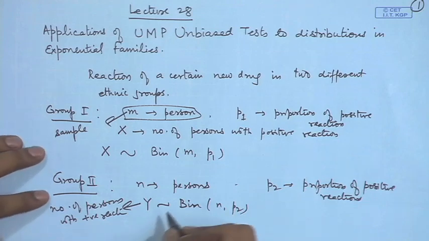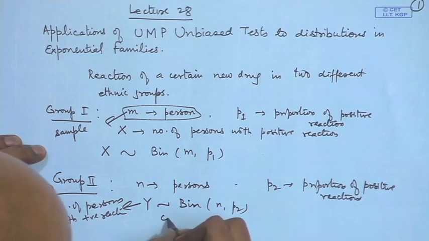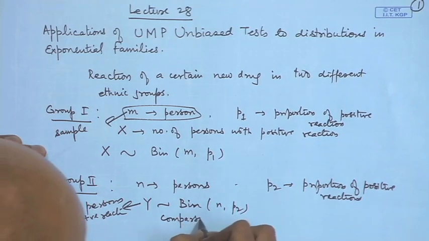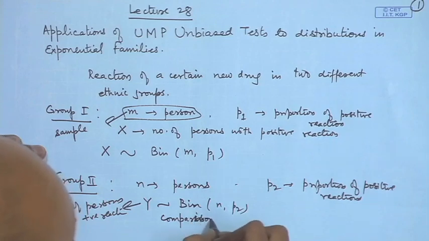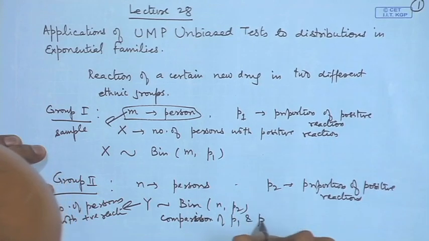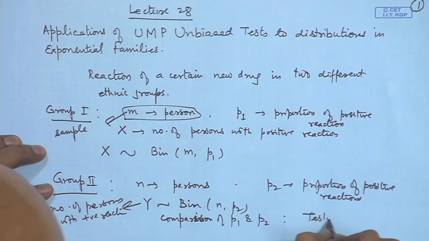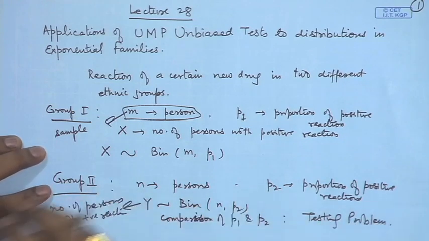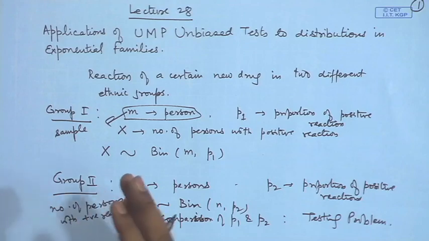So, a problem could be comparison of P 1 and P 2. This could be a testing problem. For example, we may like to check whether in the two populations the proportion of the people with positive reactions is the same or not. Okay.